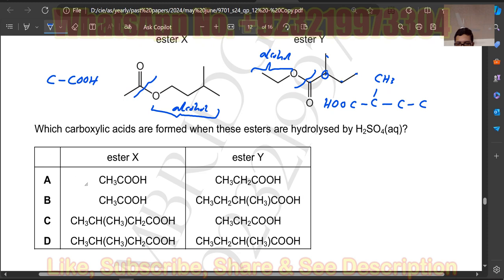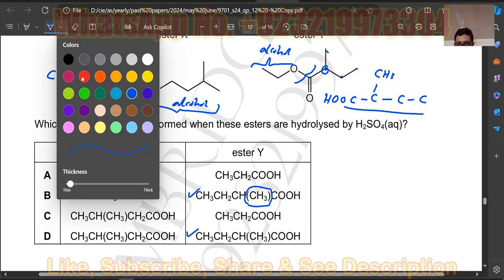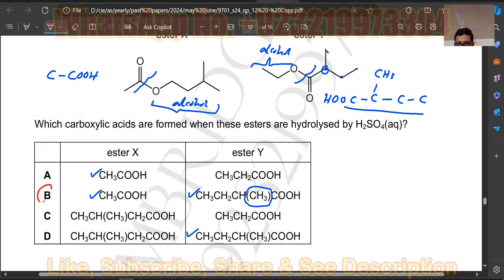So from ester X, we have these two correct options, A and B, and from ester Y, we are getting this type of carboxylic acid which is mentioned in B and D, because this is the side group. My mistake, this is a branch or the side group. So as a result, option B has two ticks, and this is the right option.